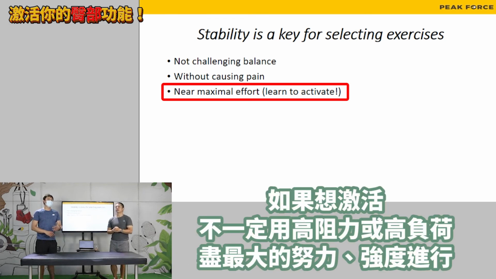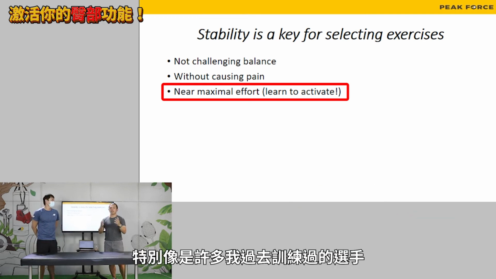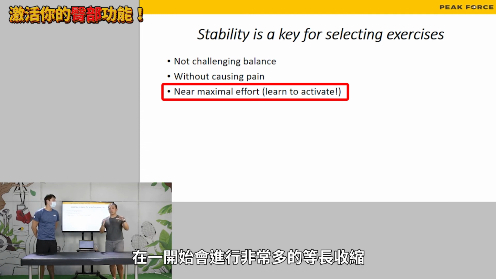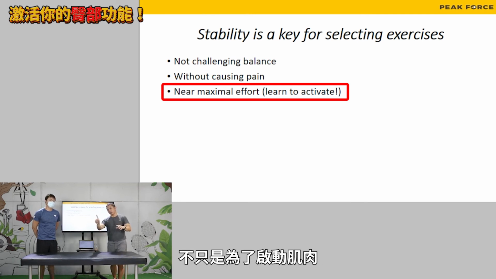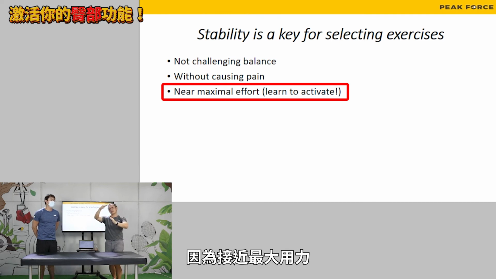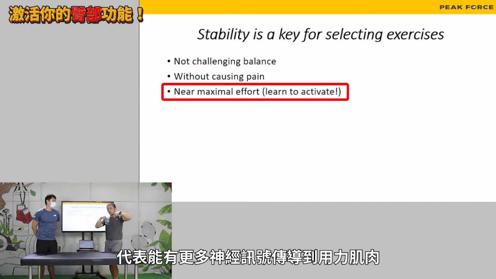Especially for many athletes that I've been training, they know this deal a lot, that I use a lot of the isometric contraction in the beginning, solely for activating the muscles, one thing, but also for the neuromuscular effect, because the near maximal effect means that you get more brain signal going to the working muscle.